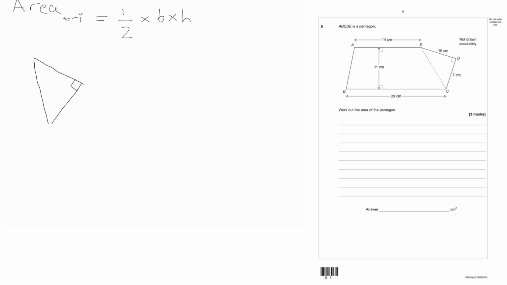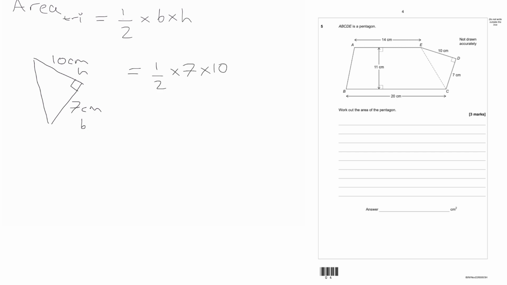So we've got our right angle here, and we have 7 centimeters, and we have 10 centimeters. And so in this case, our B is going to be 7 centimeters, and we're going to have our height as 10 centimeters. So the area of our triangle is going to be a half times 7 times 10.